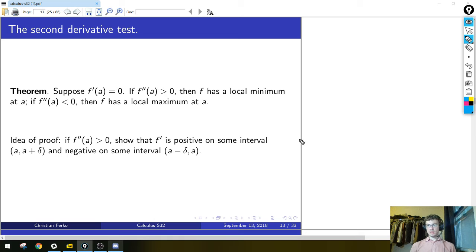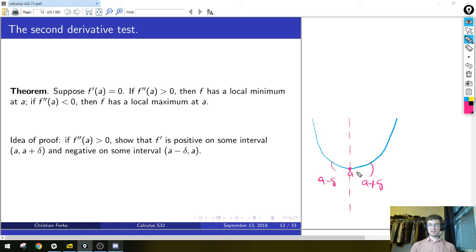I'll prove it in a moment, but the idea of the proof is pretty simple. We're just going to do the f double prime positive case. Suppose f double prime is positive at the point where the derivative vanishes, and we're going to cut this in half and find some interval, a minus delta to a, and then a second interval a to a plus delta.